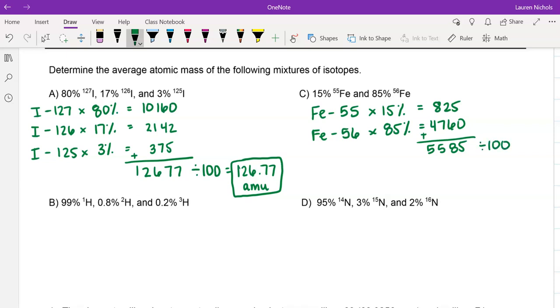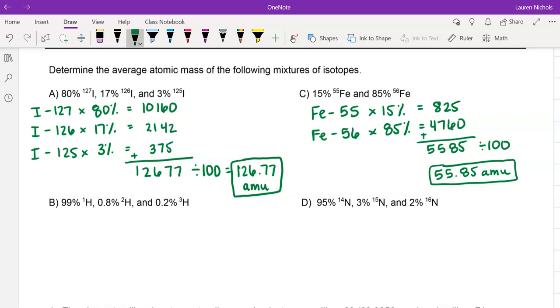When we divide by 100, we get 55.85 AMU, which if we were to round that to a whole number, we would get 56. It's much closer to 56 than it is to 55, which makes sense because we have that higher percentage with iron-56. So overall, a pretty easy calculation.